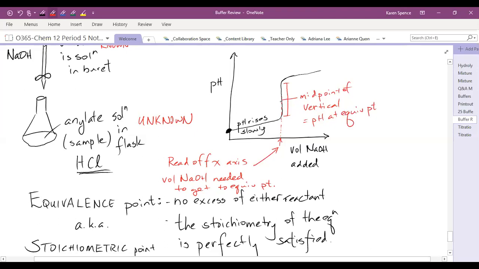So you take your midpoint and you just read right across. That is a really slanted line. You would normally draw it straight across. Let's see if I can manage that. Yeah, somewhat better. You're supposed to read straight across. So that's the pH at the equivalence point, from the midpoint of the vertical. And in this case, because we have reacted NaOH with HCl and we have no excess of either, what is the pH at the equivalence point?